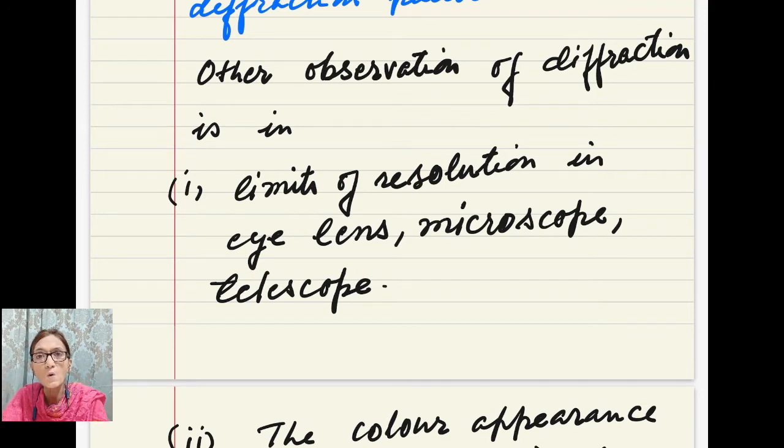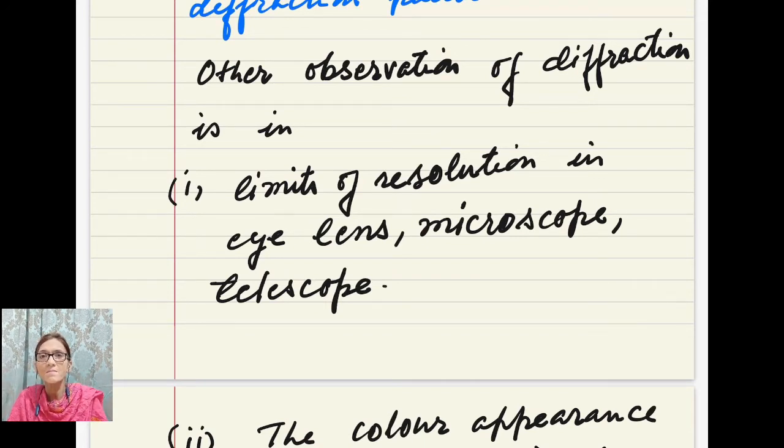When two objects are placed very far away and very close to each other, when viewed from yourself, they cannot be separately recognized, because the images formed of the two objects have their maxima coinciding. And this is only due to diffraction of light, that their maxima coincide. So we cannot see two separately placed objects very far from us separately.